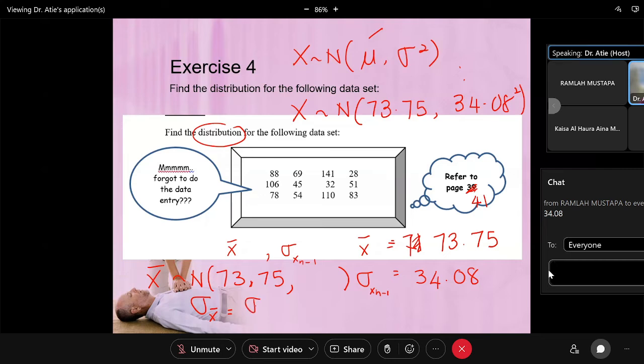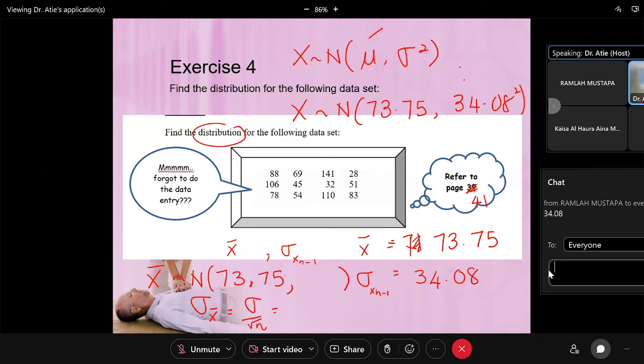So sigma divided by square root of n. People, sometimes we don't have information on the sigma. Sigma is actually the information from the population. But in our case here, we only have information from small n, a small sample.